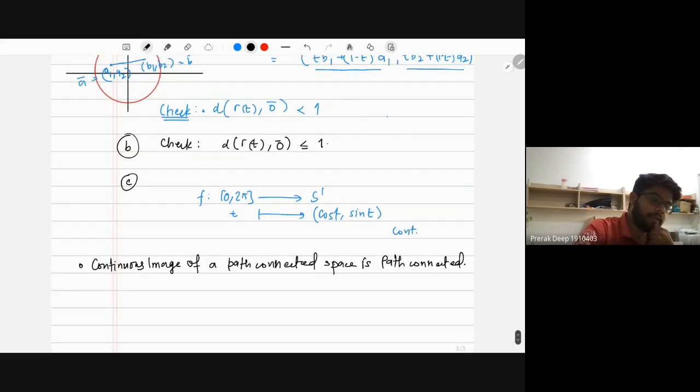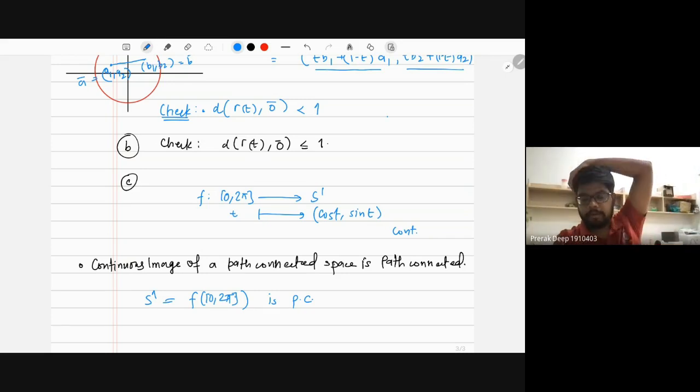You need to use this fact to say that the image of this interval, which we already know is a path connected space, will also be path connected. So the image of this, which is S1, is path connected. Okay, so we use this fact, that the continuous image of a path connected space is path connected.